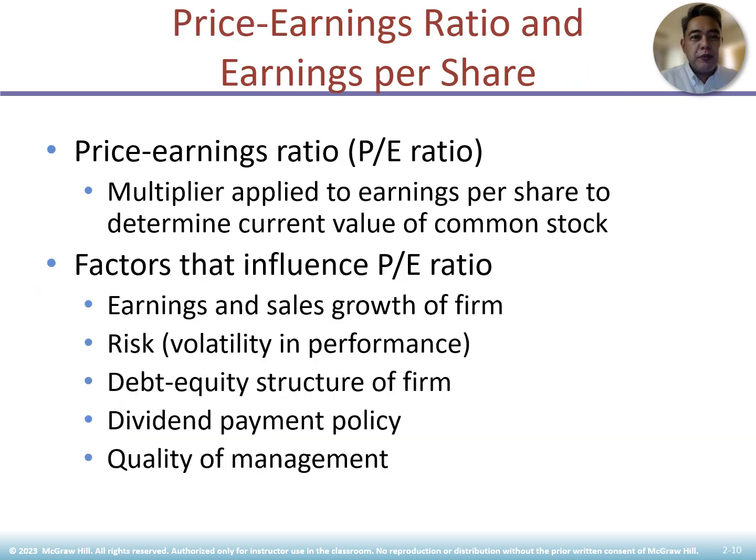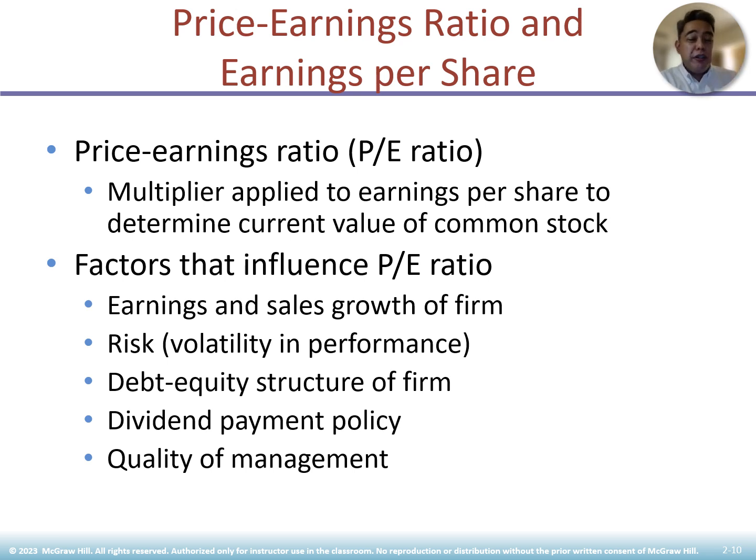Now, I'm going to go here to the price earning ratio formula. Price earning ratio is a key performance indicator, or a KPI. It's a multiplier applied to earnings per share to determine the current value of the common stock.